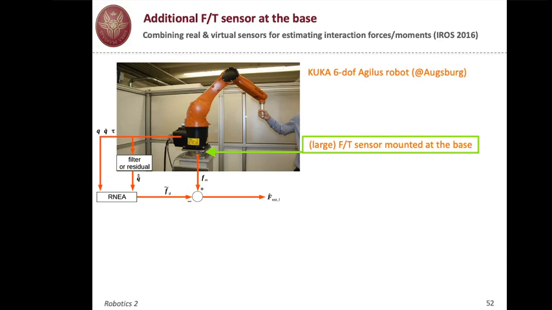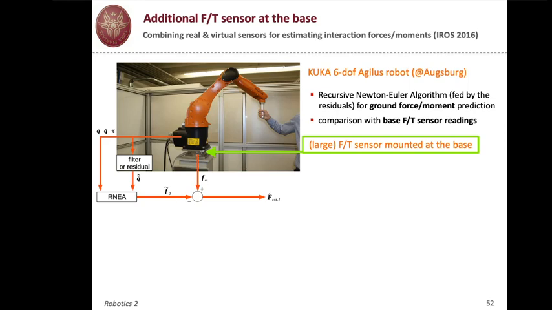So the idea is, can we use this measurement to get information on the contact location and on the contact force, and possibly also on the contact moment, working with the full range of the system.